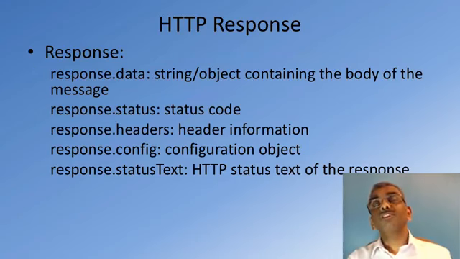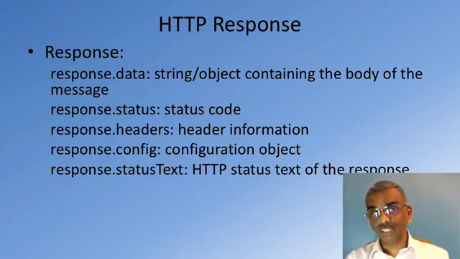So if you do a GET request to the dishes collection on the server, then the return value will be in the form of a JSON object array, and that will be carried in the body of the message. So if I say response.data, I get access to the JSON object array that contains the information about all the dishes.